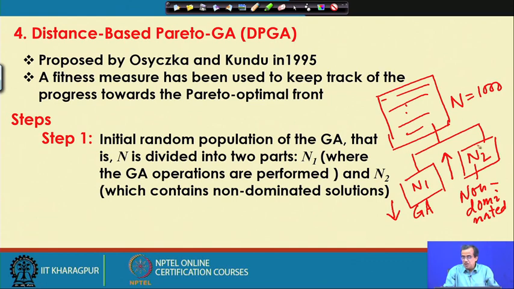We will find that N2 contains all the non-dominated solutions. At the end we will get a large number of non-dominated solutions, and with their help we can draw the Pareto optimal front. Now, let us see how it works.